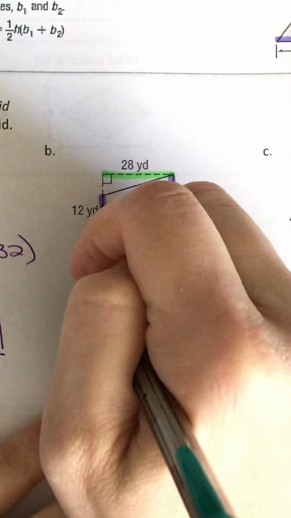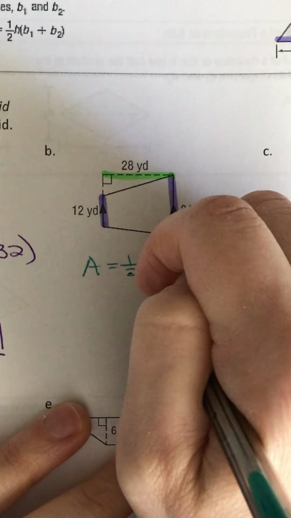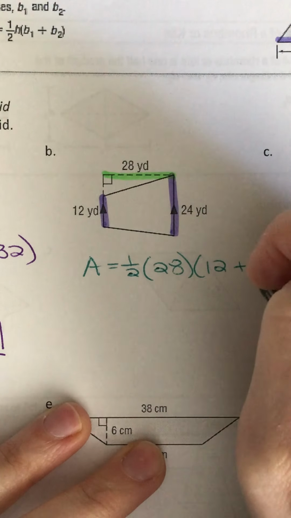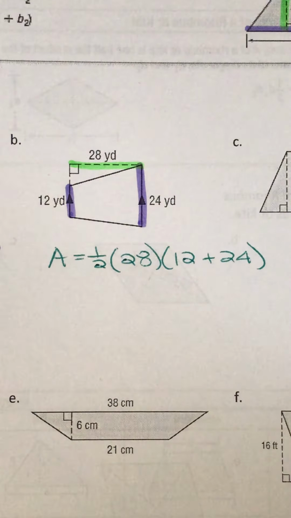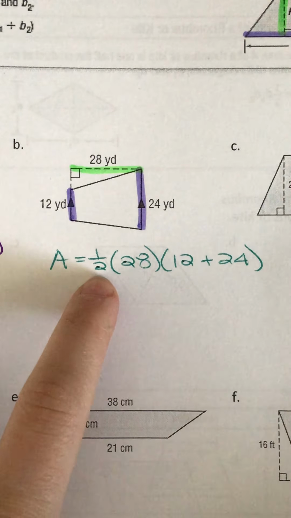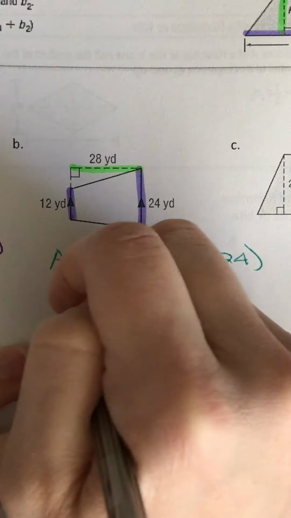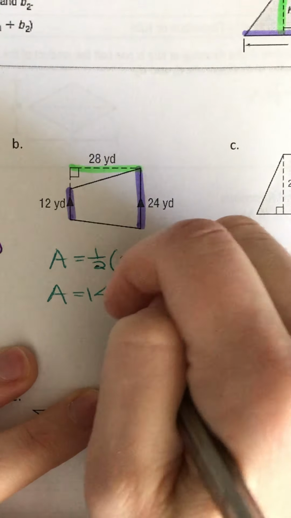So again, area equals 1/2 my height. And then I add my two bases. Like I said earlier, I like to take half the height first. Find the sum of my bases.